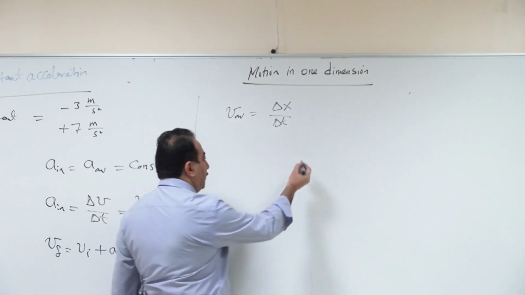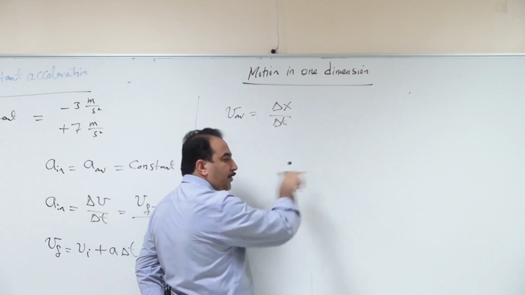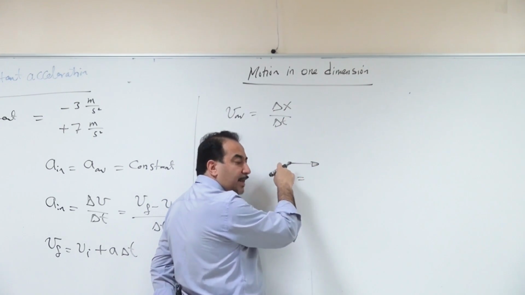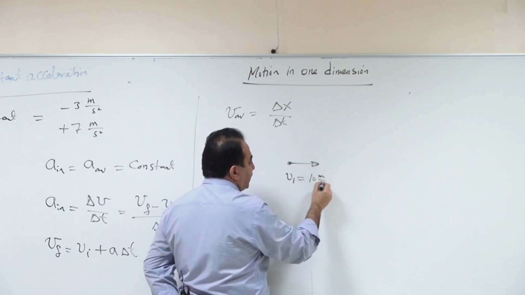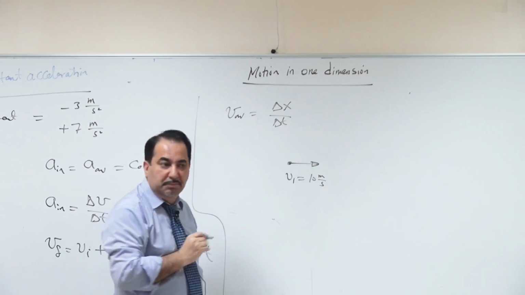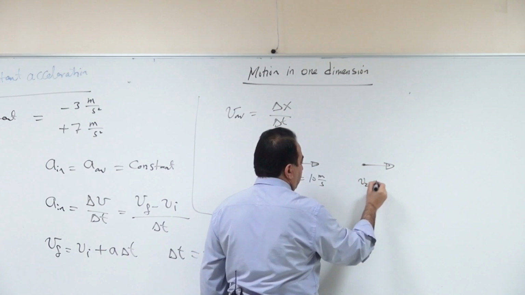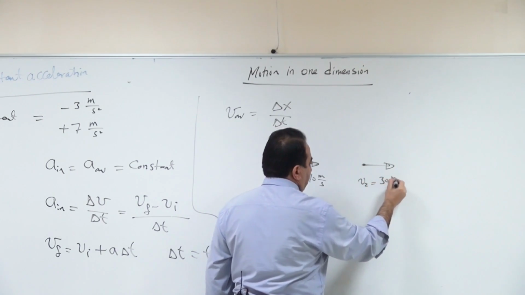Suppose there is a car moving this way. Here, the instantaneous velocity number 1 is 10 meters per second. Later on, at some other time here, the velocity V2 is 30 meters per second.